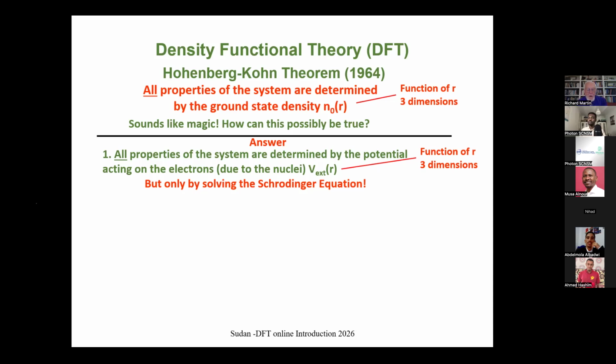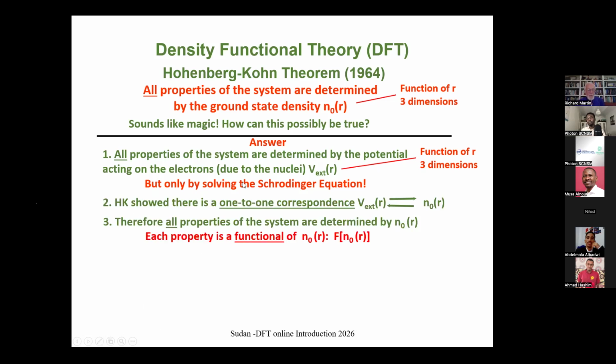That means you just solved the Schrodinger equation. So the potential is a function of the position in 3 dimensions. That's like, for example, the potential due to the nuclei. But the only way you can do anything with it is to solve the Schrodinger equation, which you can't do for complicated systems.